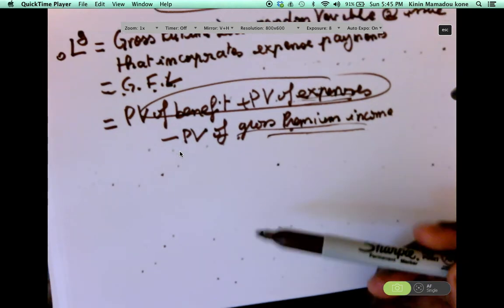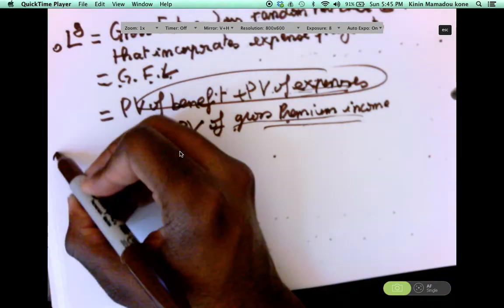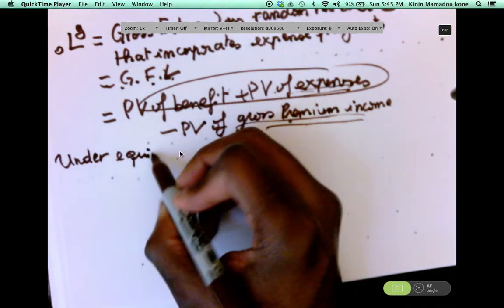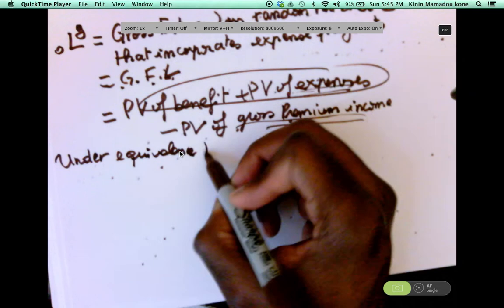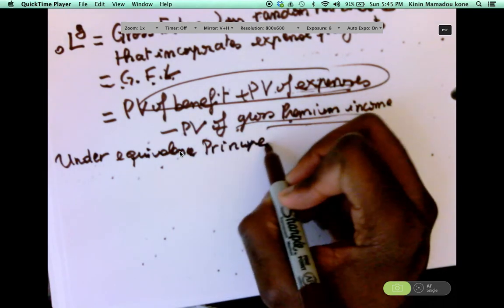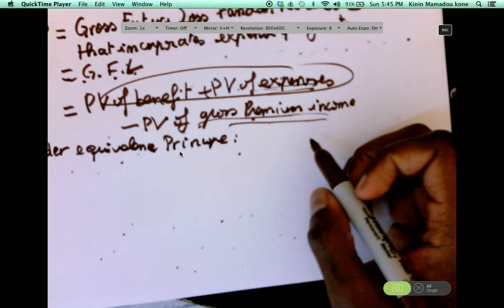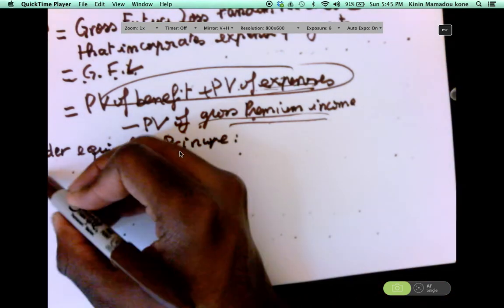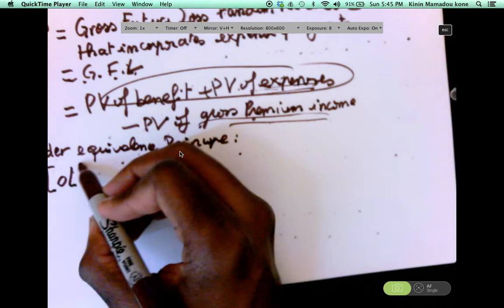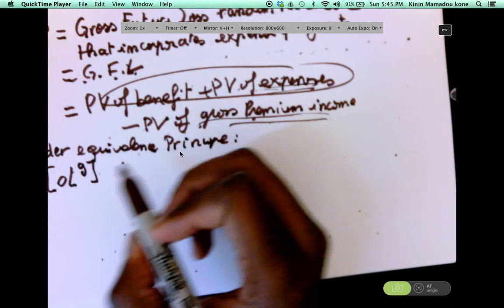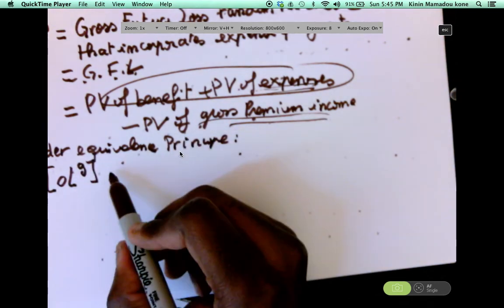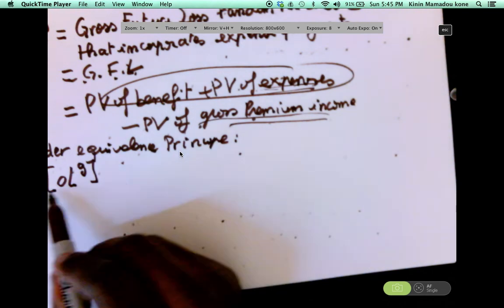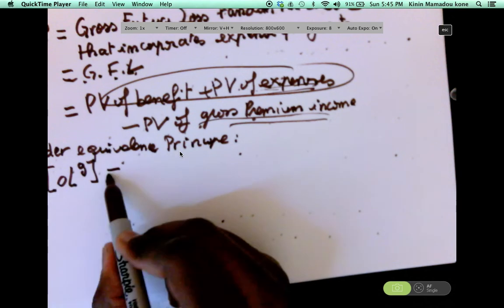So under the equivalence principle, the expected value of the GFL will be equal to 0.